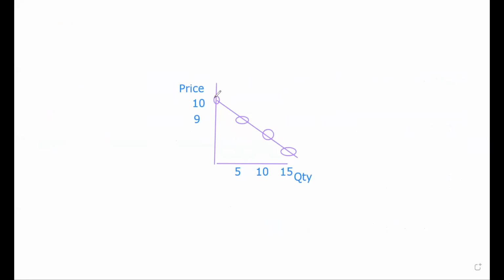At price 10, I'm buying 0. But somebody at price 10 will still buy positive amounts. Somebody's demand curve will still be somewhere here, so at price 10, if you map it to the demand, he will still buy 5 units. Because we are all not the same.